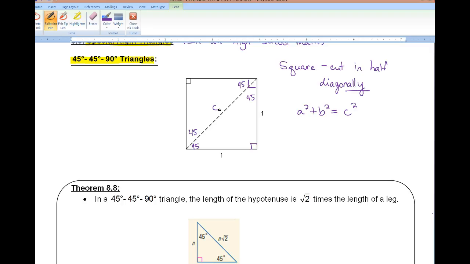Find c. Shouldn't take too long. Don't use your calculators. I don't want a decimal approximation. So you'll have 1 squared plus 1 squared equals c squared. I'm just using the ones as an example.